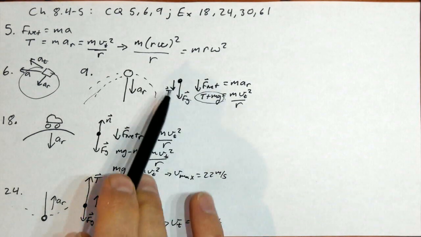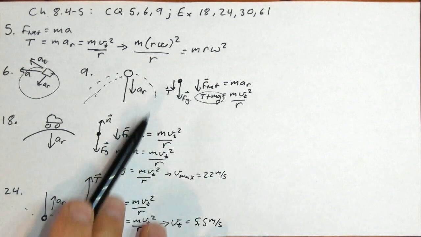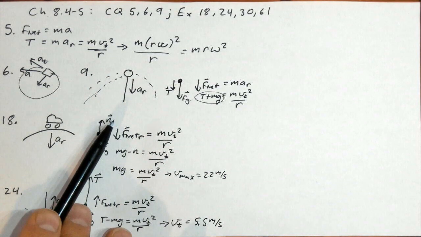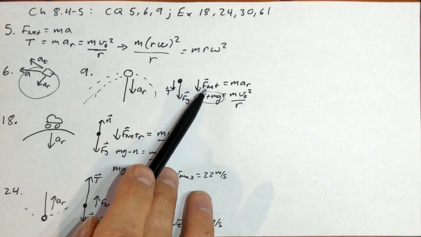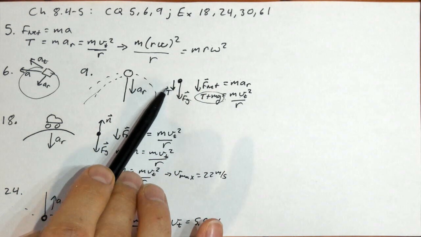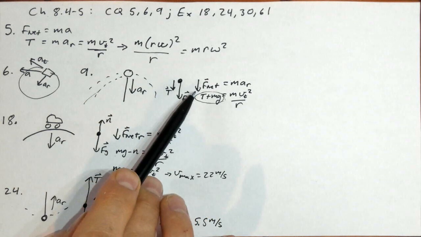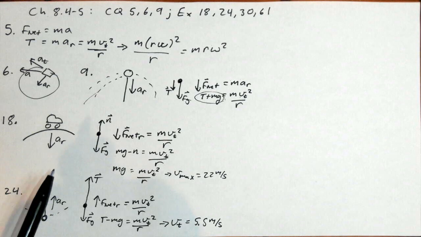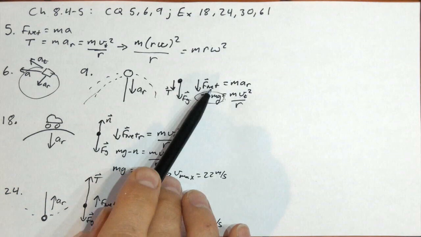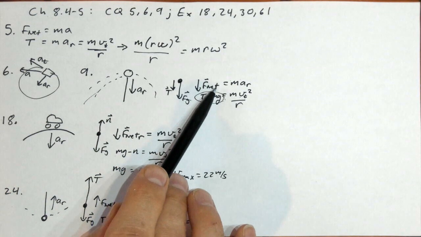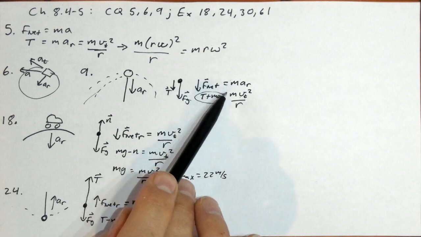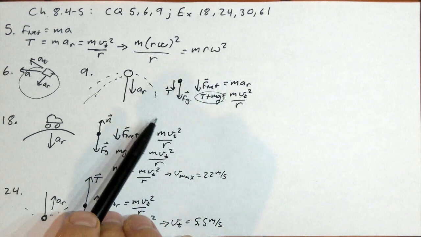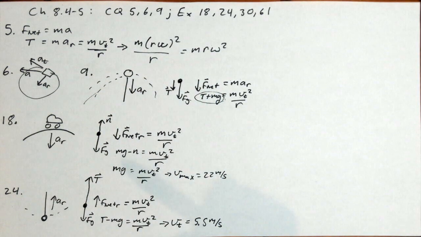So again, that same process, we've now done it 3 times. We know the direction of our acceleration because of the circular motion. It tells us the direction of the net force in that component. Now I need to be careful when I say net force. In these cases, we've assumed no speeding up or slowing down, so this would be true net force in that component, even if it was speeding up or slowing down.